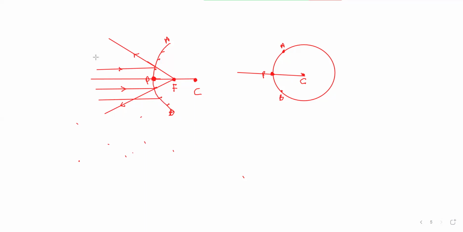So, for explanation's sake, I'm adding on the incident rays. So incident, then reflected. A convex mirror has the nature of diverging reflected rays.